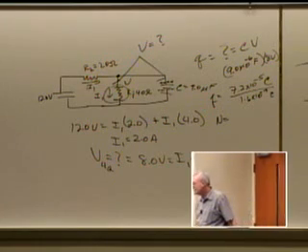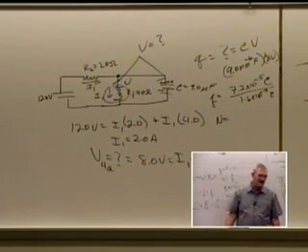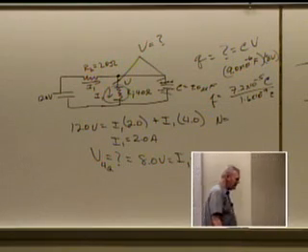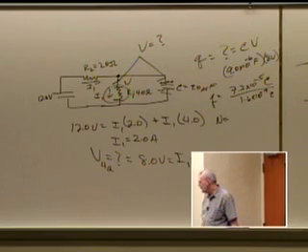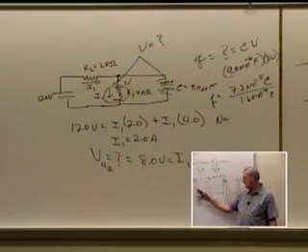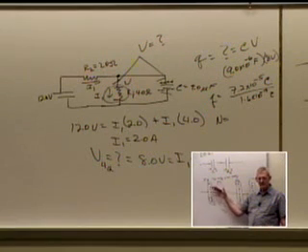Because eventually, the current is going to stop flowing. If you've got a DC circuit with a capacitor, the current will eventually stop flowing because it's got nowhere else to go. By convention, it gets so much positive charge built up that the rest of these positive charges don't come here anymore.